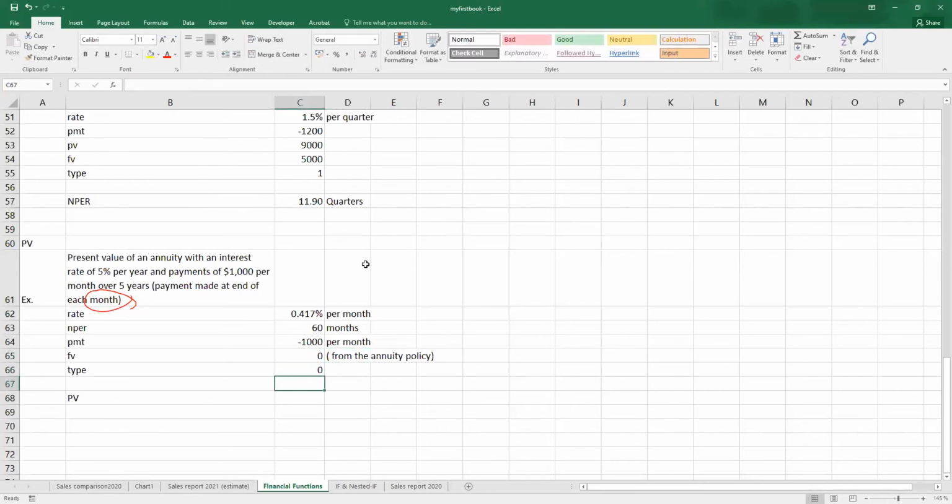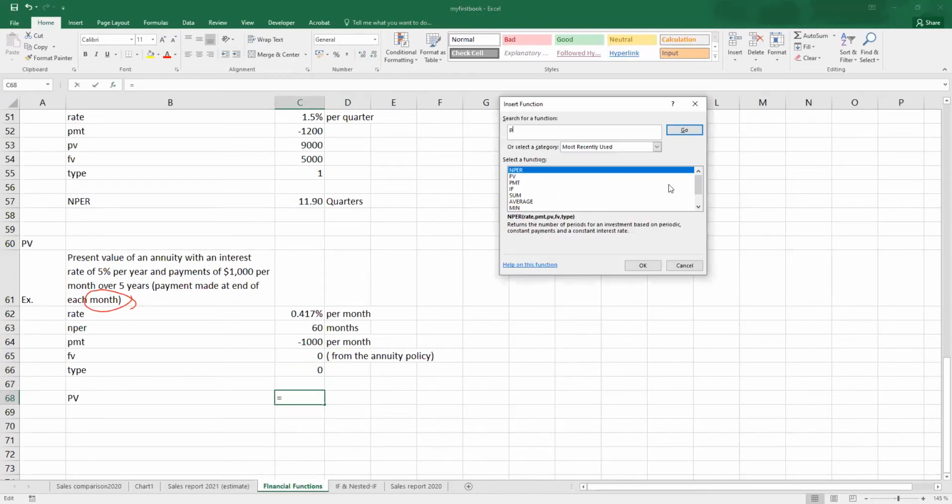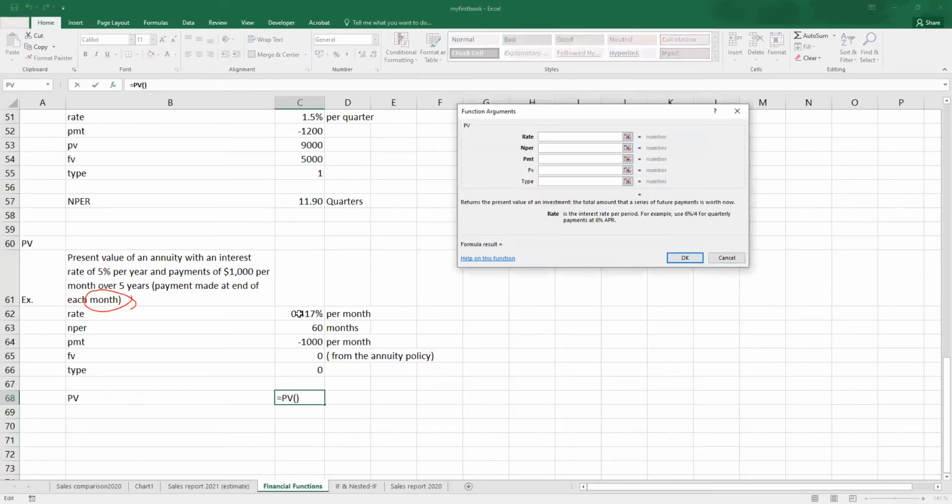When we call this kind of insurance an annuity, we always treat FV as 0. After that, when we calculate the PV, we just use these arguments: rate, nper, PMT, FV and type.